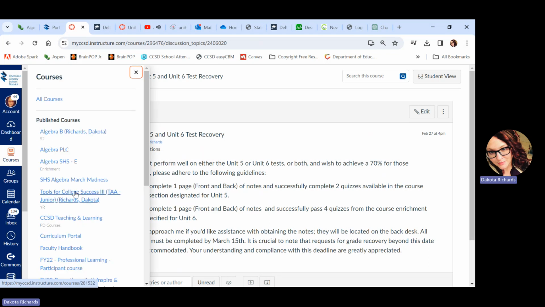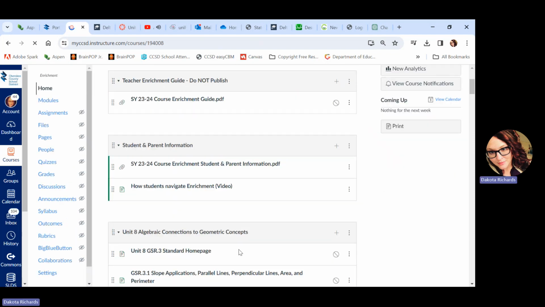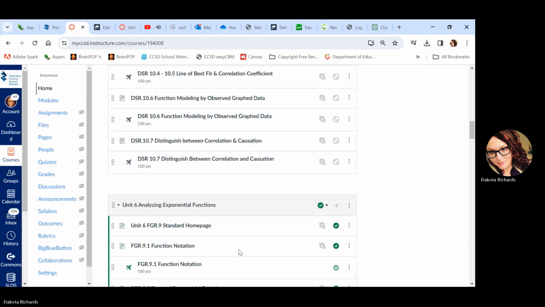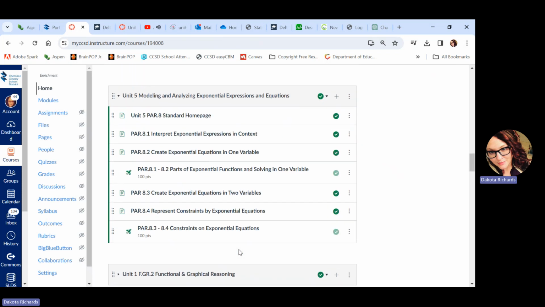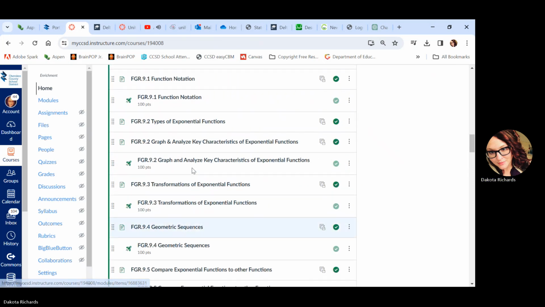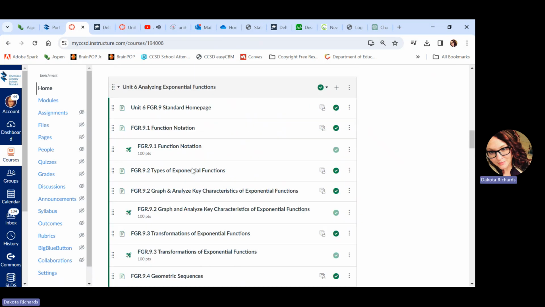And these assignments are in the Algebra SHSE course. So that's going to be here. We're looking at Unit 6, Unit 6, Unit 5. You have to complete all the quizzes and pass all the quizzes for each of these sections, and you have to take the notes that go along with them. If you want a 70 on Unit 5 or Unit 6 test, if you failed, remember that's due by next Friday, March the 15th. I'm not accepting anything past March 15th, so just make sure you get that done.